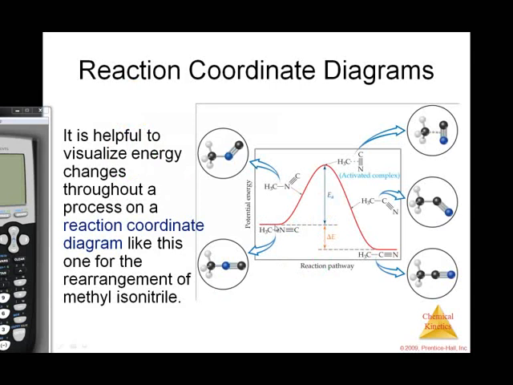We start with this reactant. There's some rearranging that occurs. Okay, we reach this activated complex and then end up at a new product down here. So it's this rearranging of the molecule as things go that causes this activated complex or the transition state.